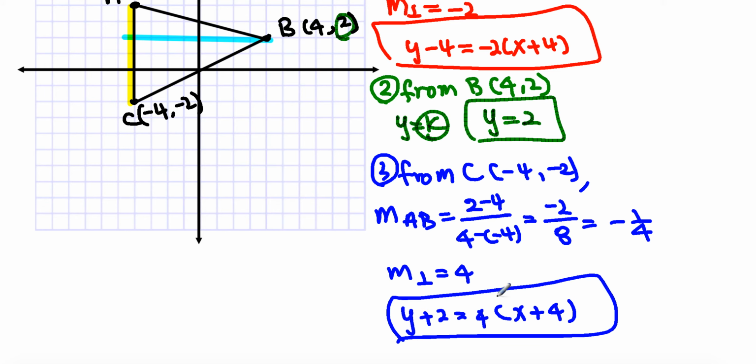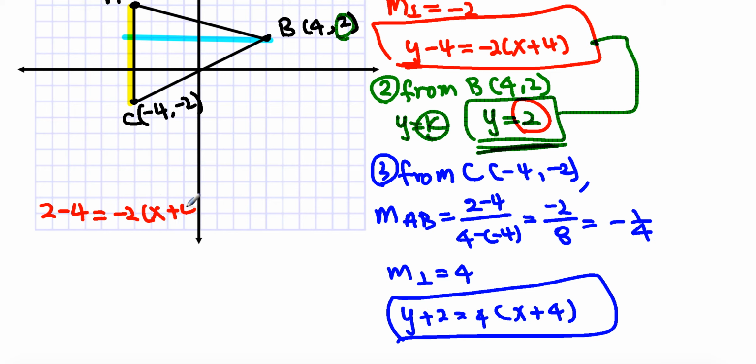Now, let's try to find the intersection here. Since this one is the simplest, I'm going to connect these two and then find the intersection. To do that, I just have to put 2 in place of y. So we get 2 minus 4 equals negative 2 times x plus 4. Now let us calculate this one.